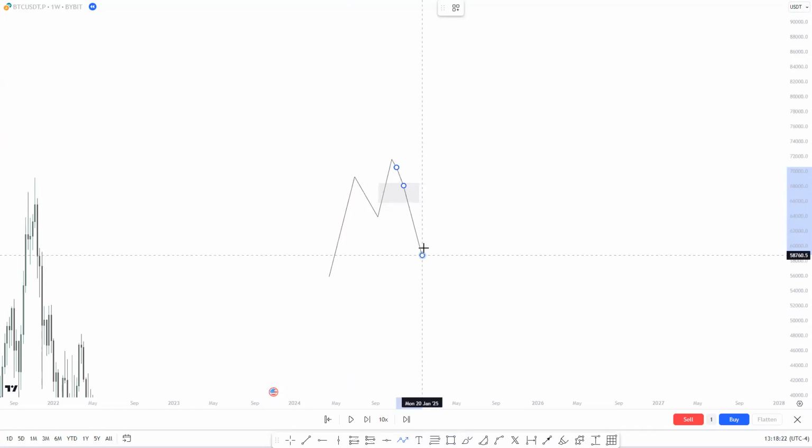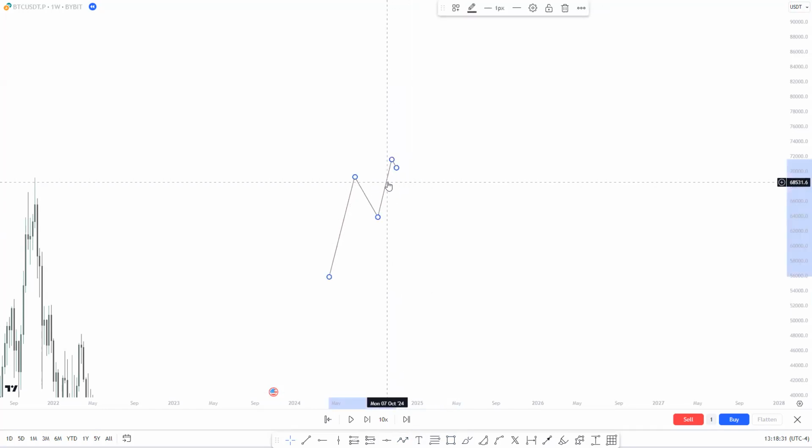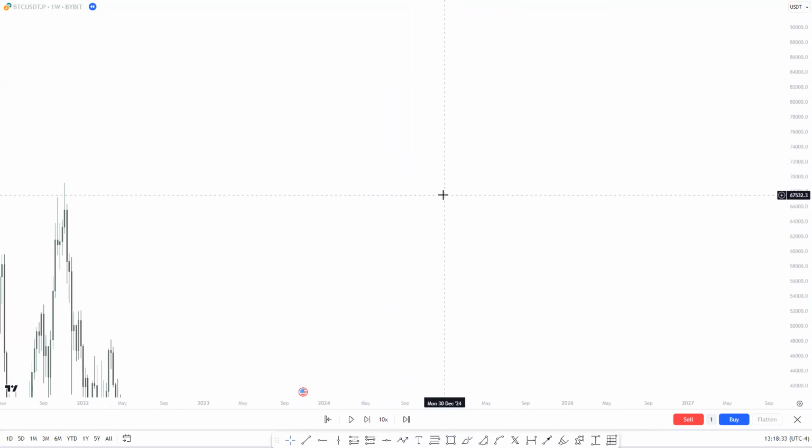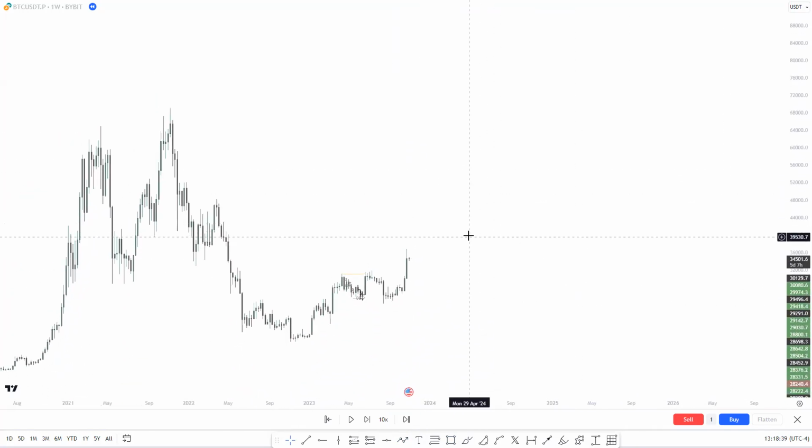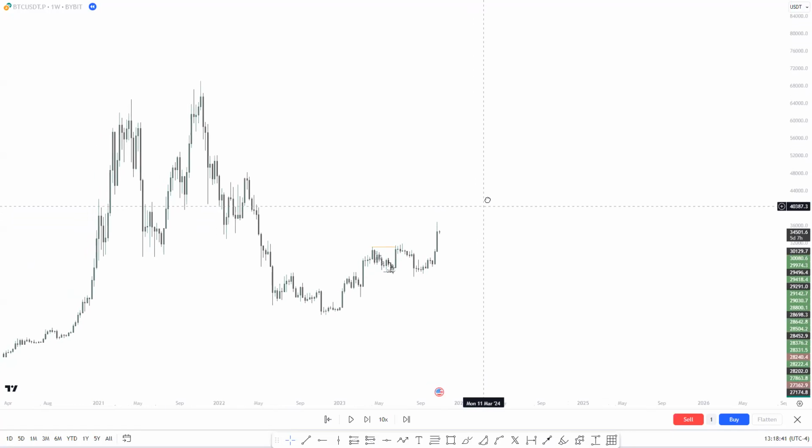It can just reverse after the bullish order flow, and now it can just get bearish. So external to internal works almost every single time, but internal to external doesn't always work. You just have to understand the order flow and everything like that.